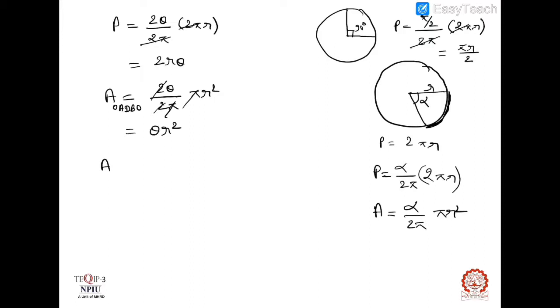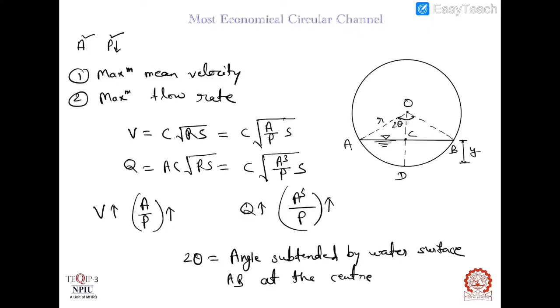But we have to find the area of flow, that will be equal to the area of OADBO minus area of this triangle. This total area minus this area will give you the area of flow.